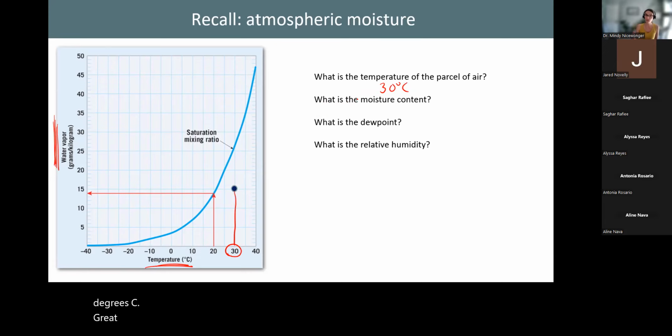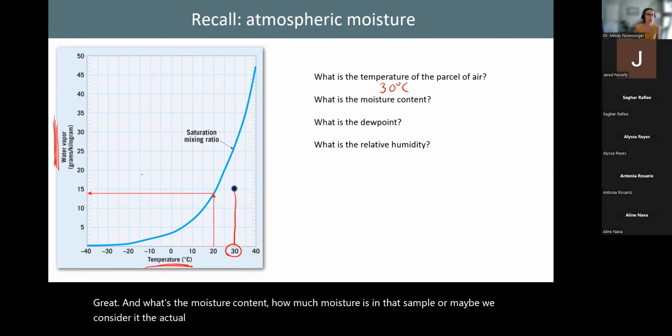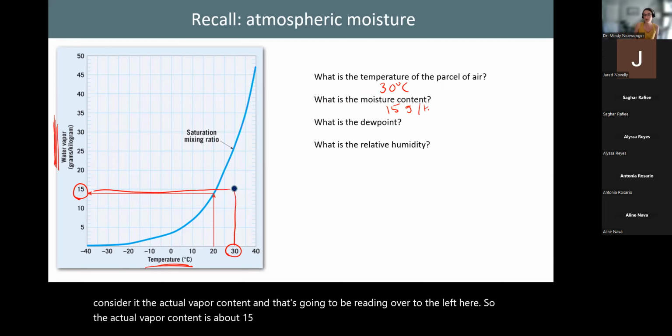And what's the moisture content? How much moisture is in that sample? Or maybe we consider it the actual vapor content. And that's going to be reading over to the left here. So the actual vapor content is about 15 grams per kilogram. Okay, so there's 15 grams of water per kilogram of air.